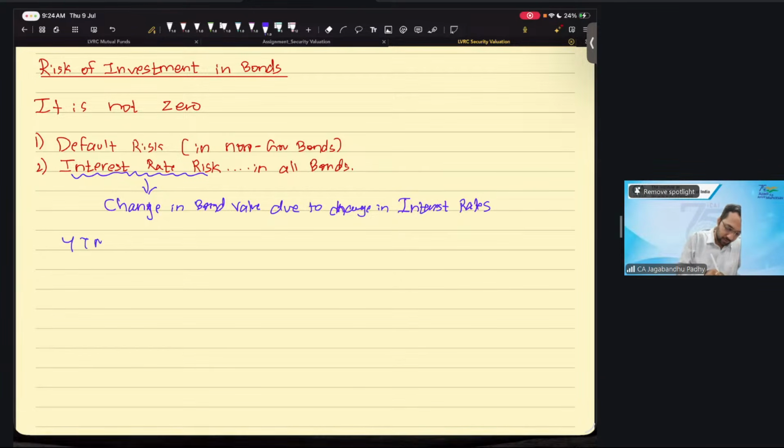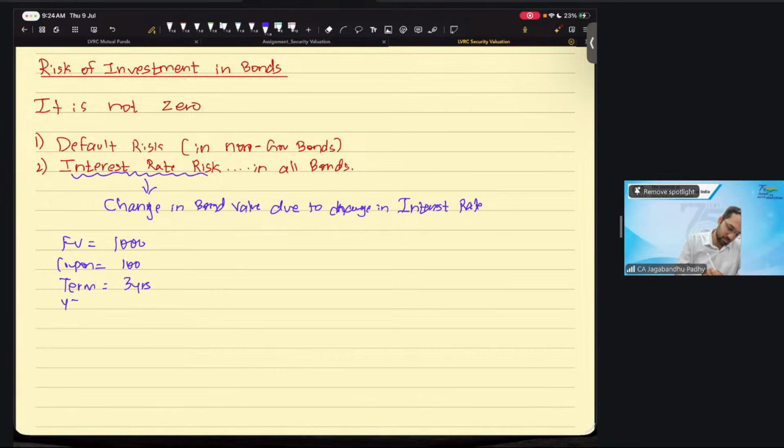So when we have, let's say, a bond with a face value of 1,000, coupon of 100, term is 3 years. Okay.